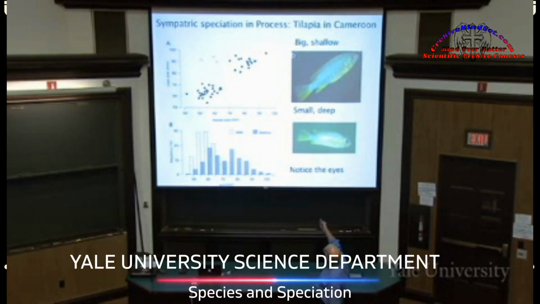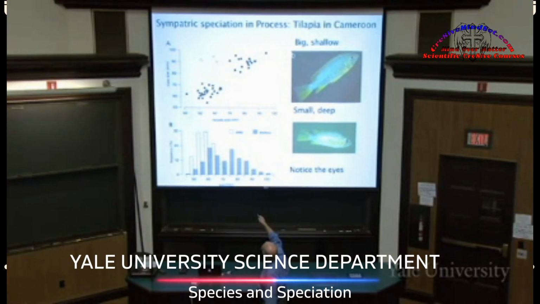So here are two cichlids that are recently derived from the same common ancestor and often classified into the same species. They are tilapia. They're living in a lake in Cameroon. This is male size versus female size, and so you can see that there are basically two clusters with a few intermediates.